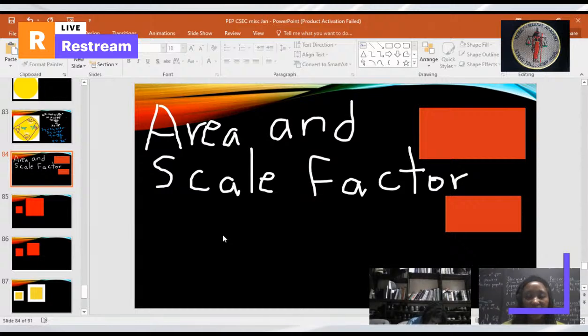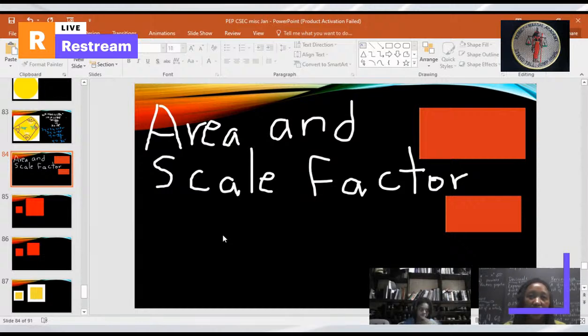Now, what do I mean by scale factor? The scale factor would be how much you're enlarging something by. So if you start with a small object, a small shape, and you enlarge it, the scale factor is how much you enlarged it by.